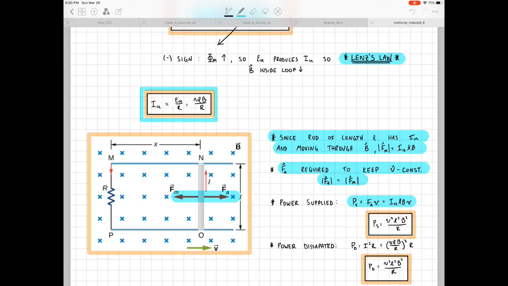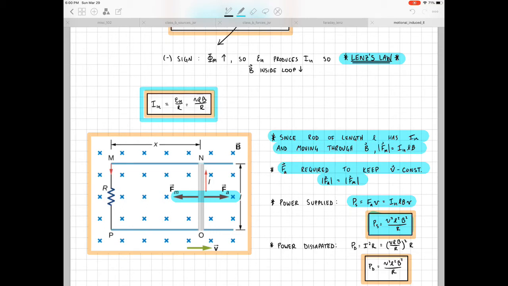Again, that applied force has to be equal to the magnetic force. The magnetic force is ILB, and I induced is vLB over R. If you plug all of those things together, you end up getting that the power supplied to the circuit is v squared L squared B squared over R. Now, since we have conservation of energy, when we determine the power dissipated by the circuit, we should find that it's the exact same amount of energy as what's supplied.